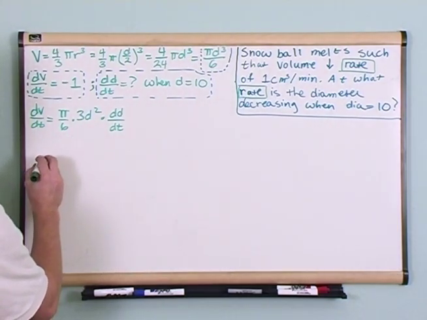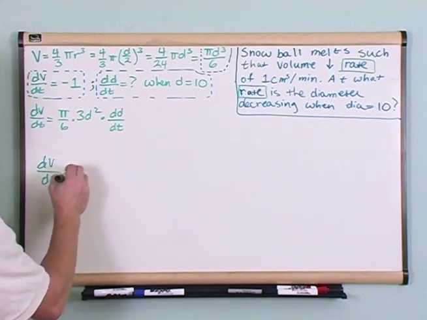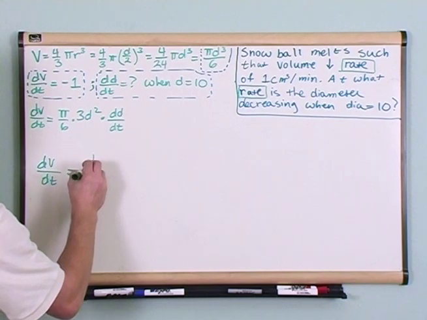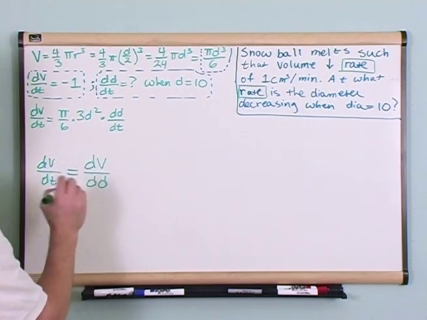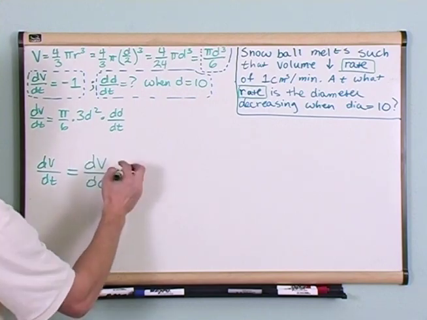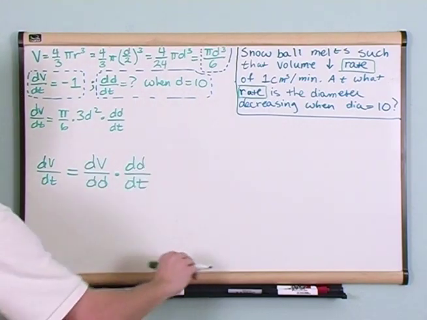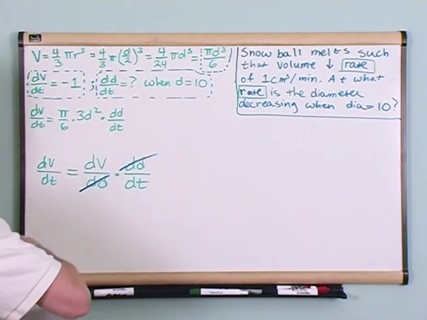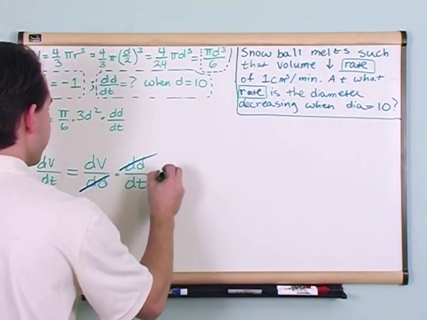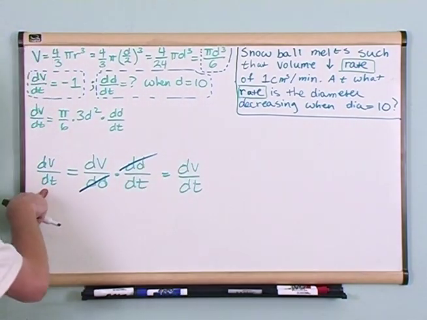And one more thing that I'll point out to you. What you're really doing here with dv dt, when you do this operation, is taking the derivative of volume with respect to diameter, okay? And then you're multiplying by the derivative of the diameter with respect to time. And these behave almost like fractions, so this cancels with that. And so in the end, what you arrive with is dv dt, which is what you're trying to find, you see.